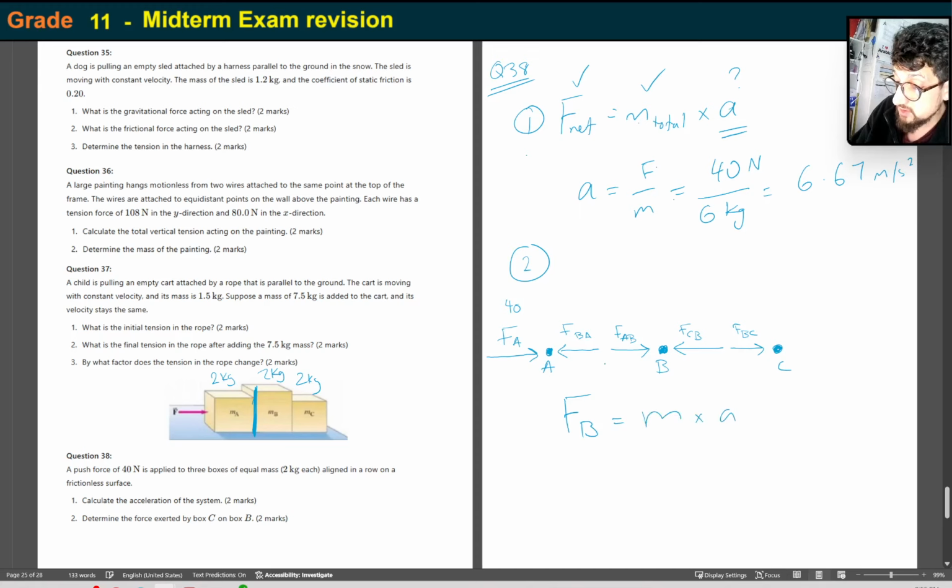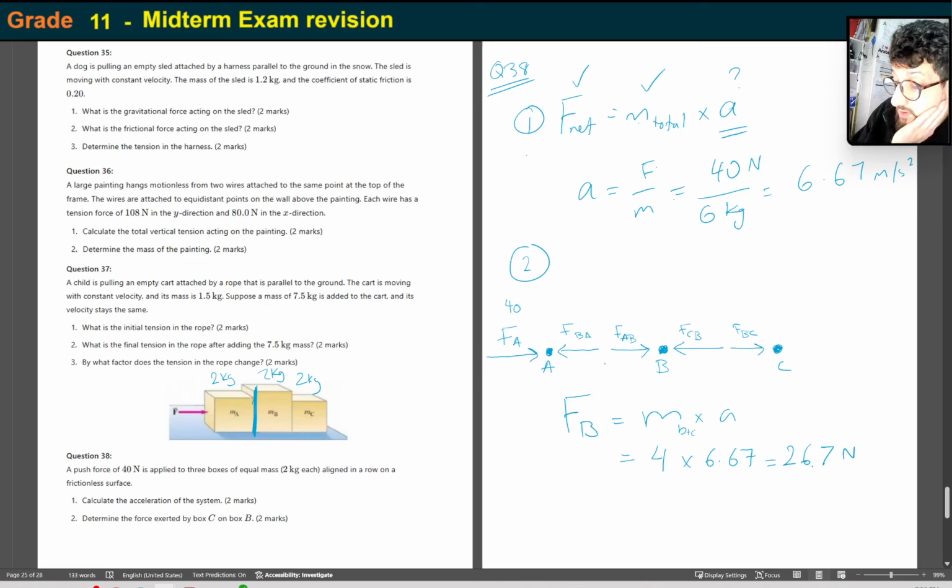We know the acceleration, but it's going to be the mass of B and C, so 4 multiplied by 6.67, from the previous question. That's 26.68, or 26.7 newtons.